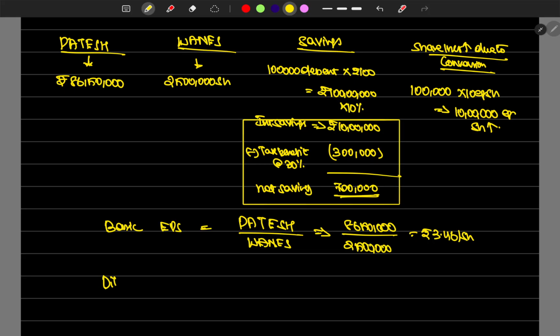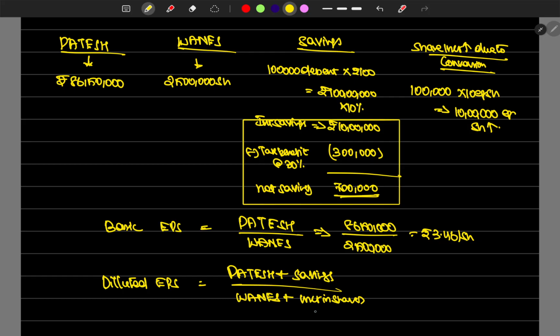What could be the diluted EPS? The diluted EPS formula is numerator plus savings, divided by denominator plus increase in shares due to conversion. This is the formula for all the methods.